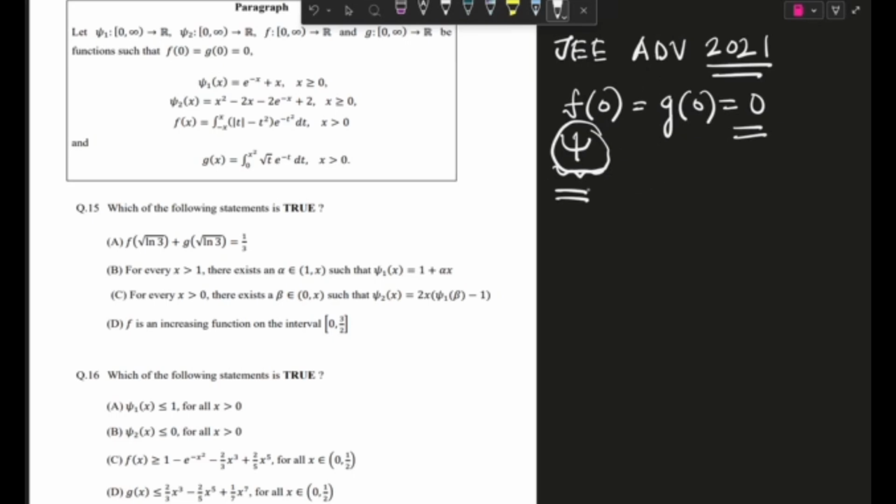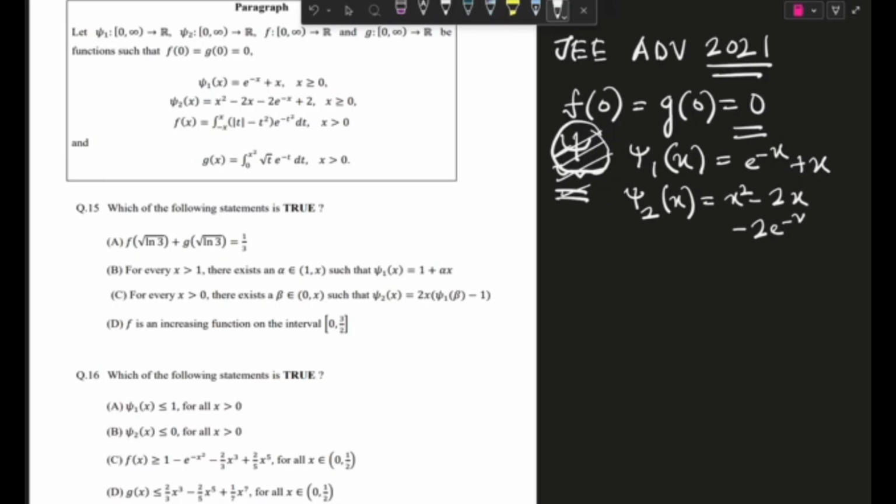So it's a variable used here, and we have such information given: xi 1 of x is given to be e power minus x plus x, and xi 2 of x is equal to x square minus 2x minus 2 e power minus x plus 2, where x is greater than or equal to 0 in both of these.